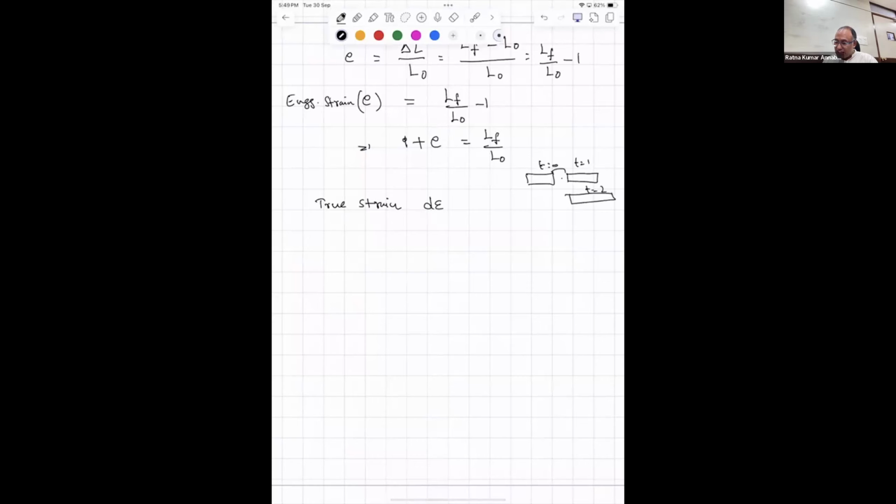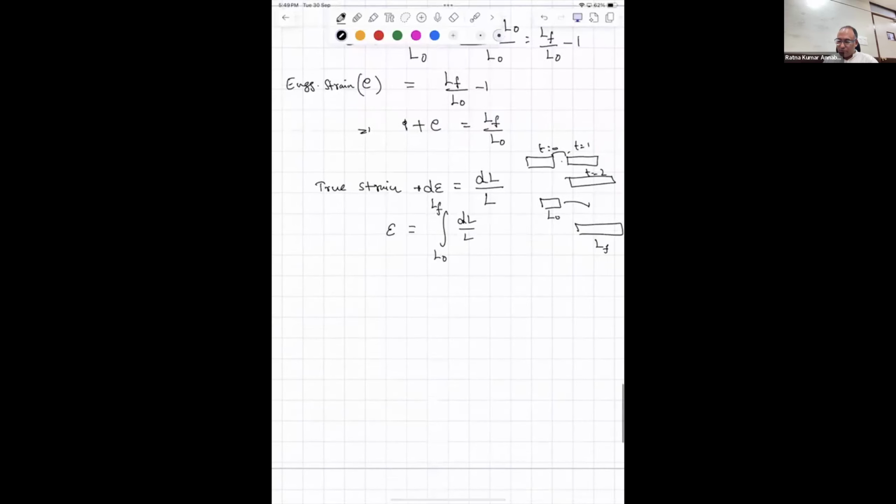So instantaneously within this time, the infinitesimal strain d epsilon is equal to change in length dl by current length, right? That is the definition of true strain. So now this has become from L0 to LF. So what should I write? The total true strain epsilon is equal to integral L0 to LF dl by L. All of you agree with that?